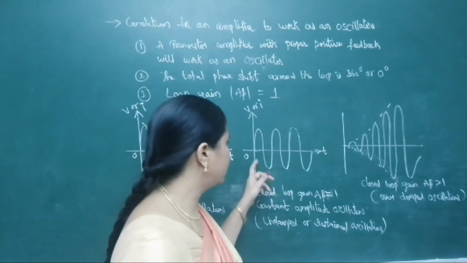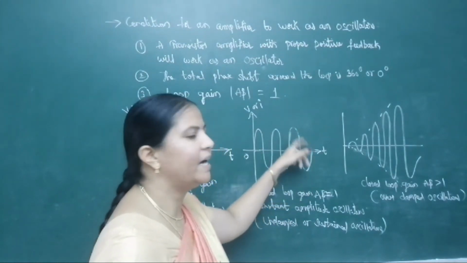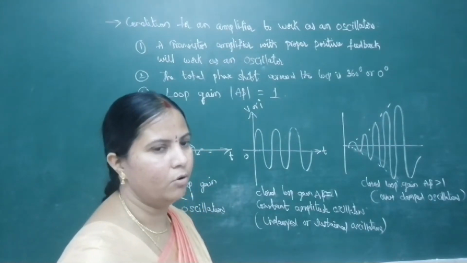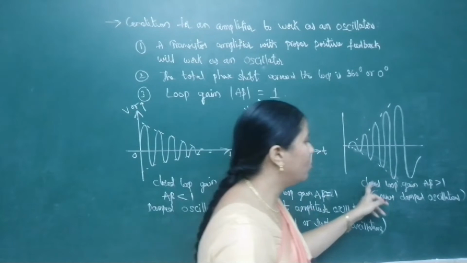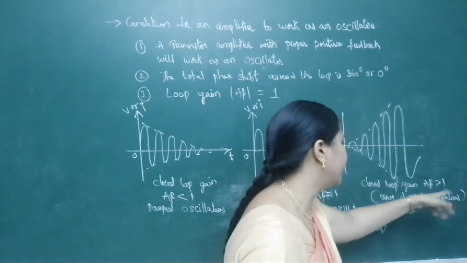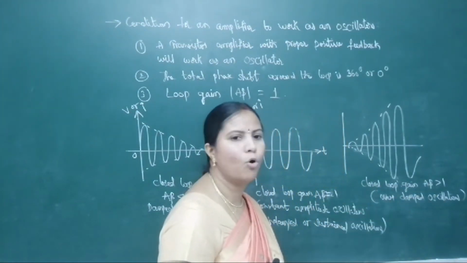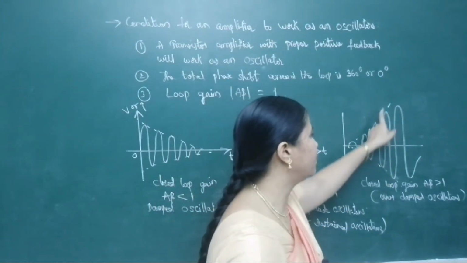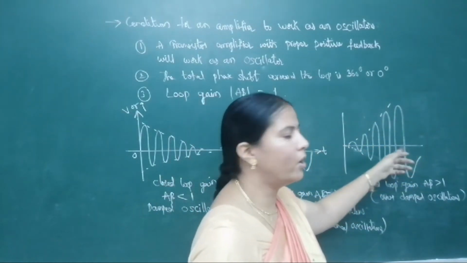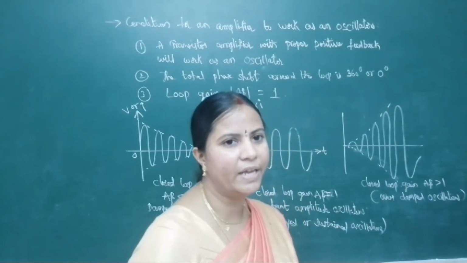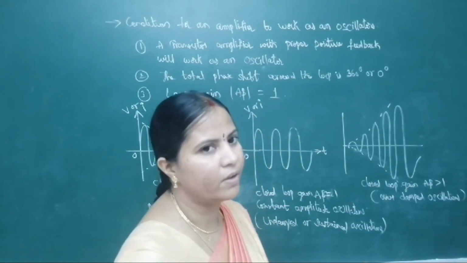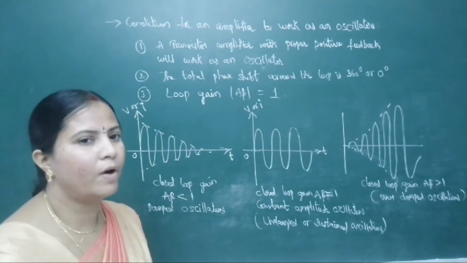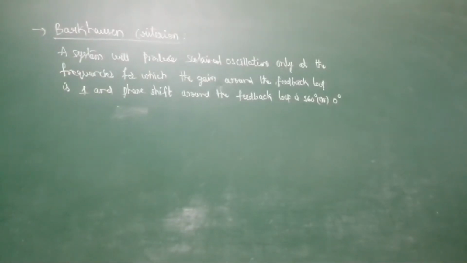And if the closed loop gain A beta is greater than 1, we name it overdamped oscillations. Here also we are not getting constant amplitude and frequency. So these are the conditions for an amplifier to work as an oscillator.